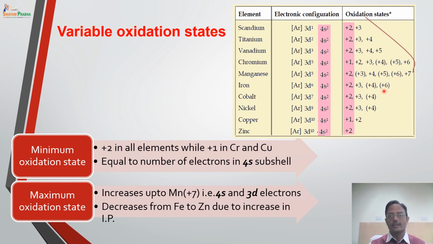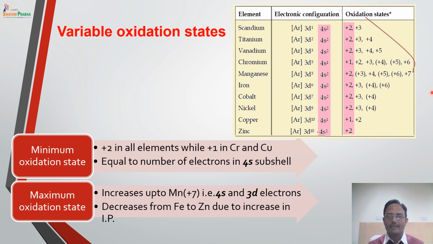Now, what is the reason? From iron onwards, you will find that the higher oxidation states are lost. The reason is when we go across the period from scandium to zinc, we know that the ionization potential is continuously increasing. And since ionization potential increases, more amount of energy is required to remove the electrons.